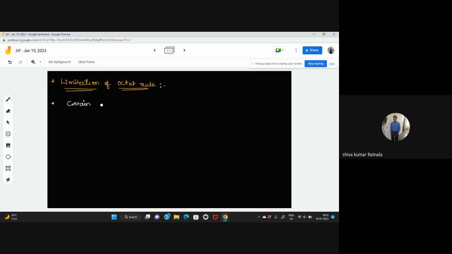certain molecules are existing even though octet is not present at the central atom.